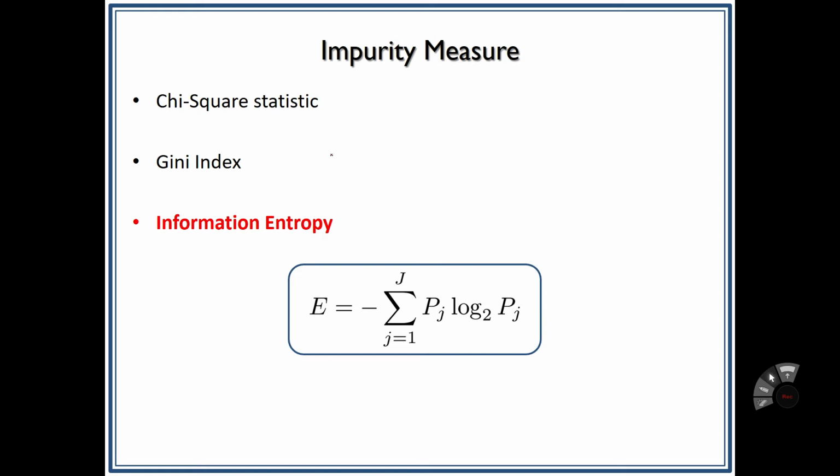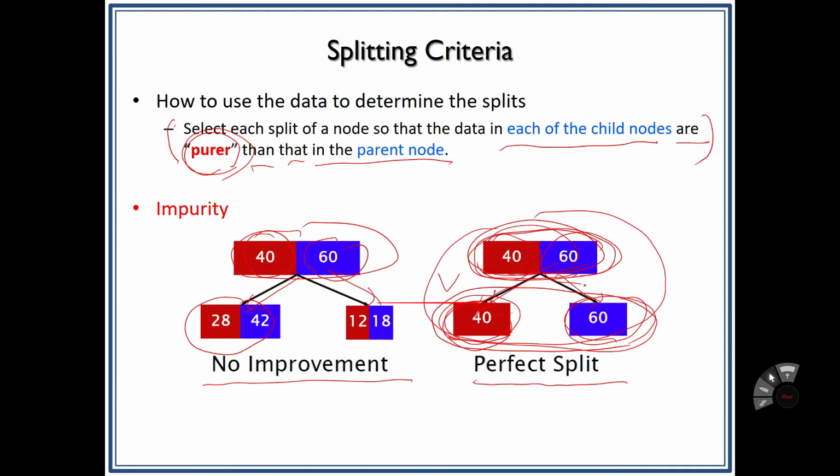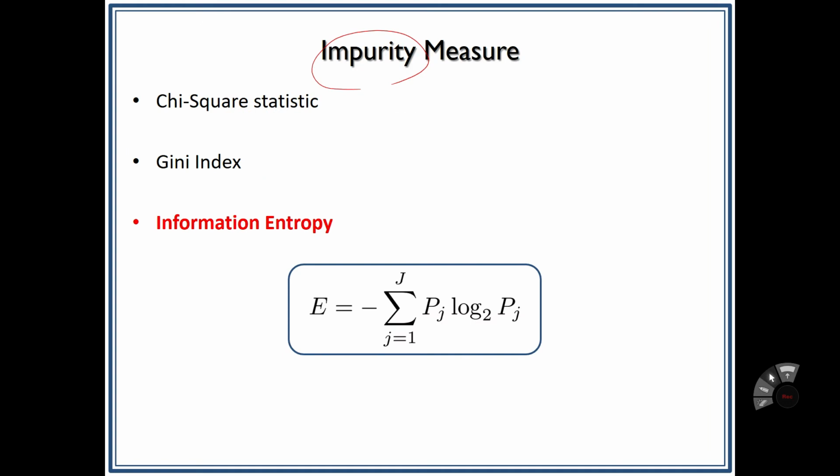The opposite of impurity is purity, so we're going to look at impurity measures, where we want the impurity to decrease once we split the data into two parts. This slide shows three types of impurity measure: the chi-square statistic, Gini index, and information entropy. And there is another one, the misclassification rate.